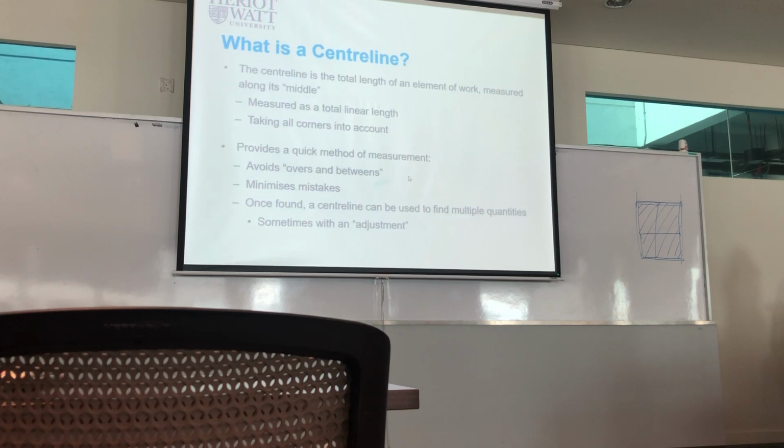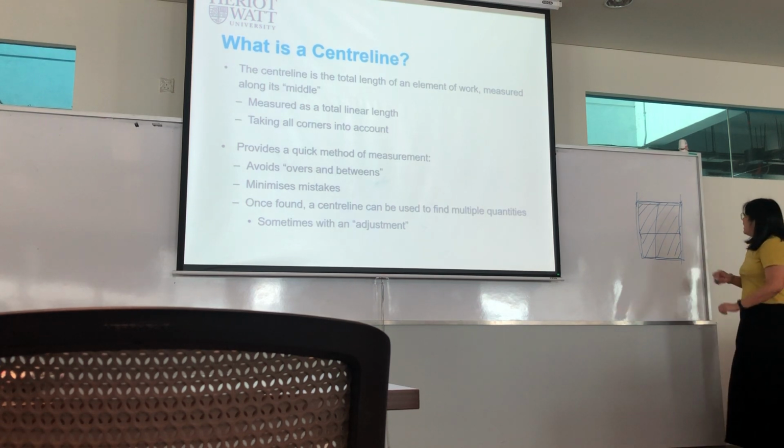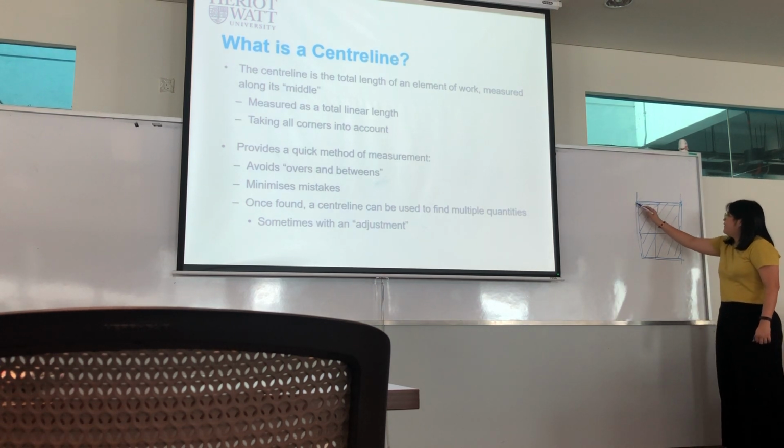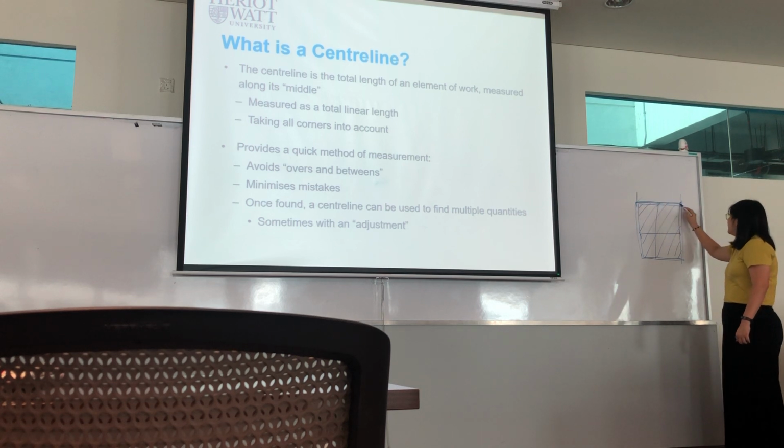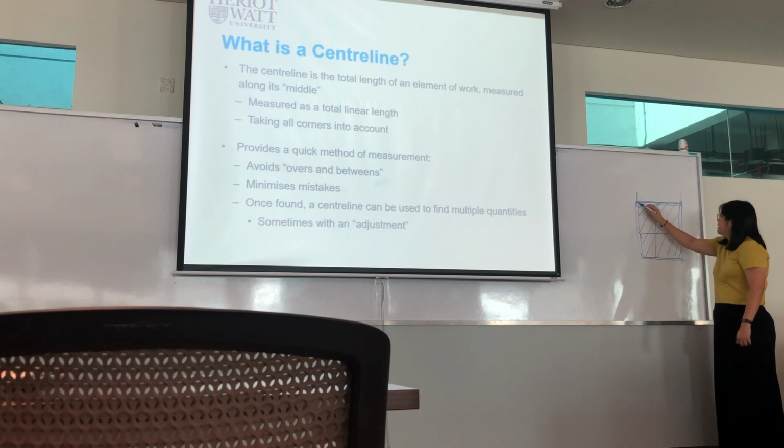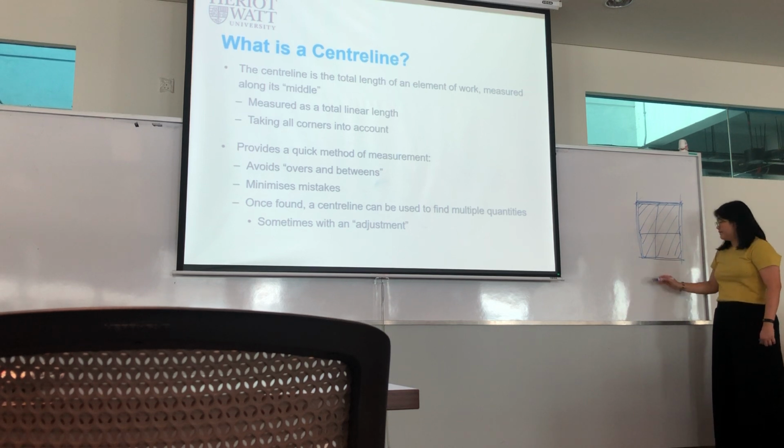Correct? Alright? So taking all corners into account provides a quick method of measurement, and avoids overs and betweens, to prevent over measurement. You see, if you are measuring this one from here to here, then from this one you will have to take from here to here, so that you don't over measure, isn't it?